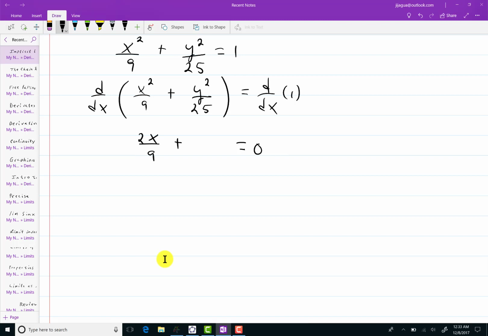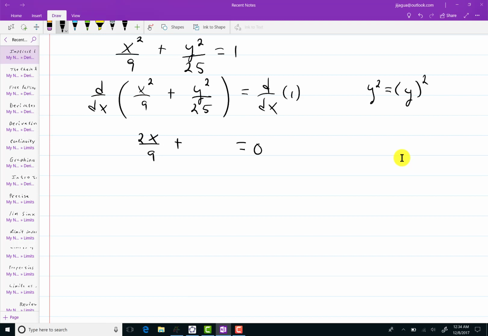Here's where it gets complicated. You need to think of y squared as being a function inside of a function. In fact, y is a function of x. Okay, so if you want, think of y squared, if it's easier to think of it this way, as y in parentheses to the second power.